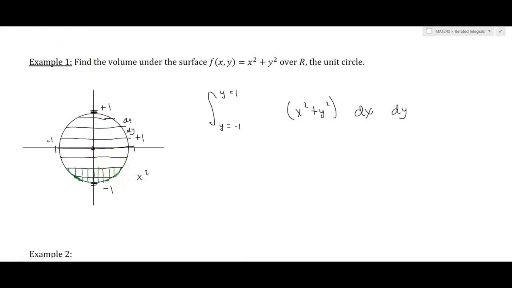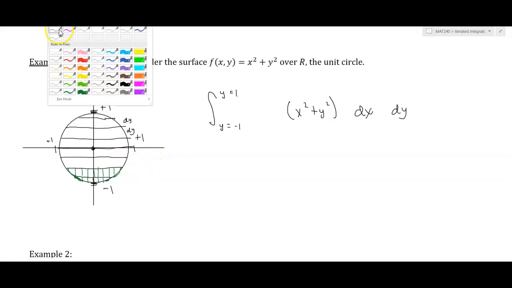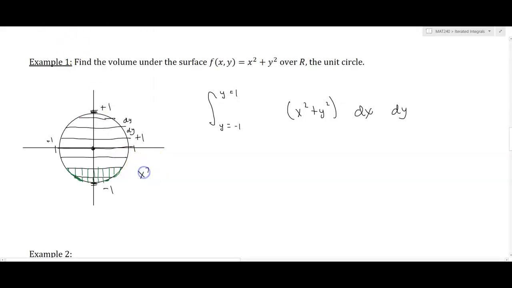So the thing that we need to note is that the equation of the circle is x squared plus y squared equals 1. So for me to figure out the starting and ending x value that I need to go from and to, I have to isolate x in this equation just like we did in the previous equation. So I'll get x squared equals 1 minus y squared. Take the square root of both sides, and don't forget we need the plus or minus square root of 1 minus y squared.